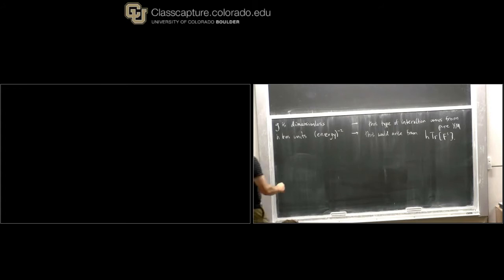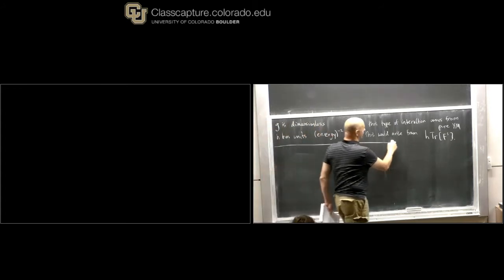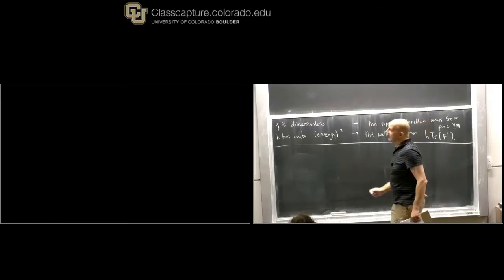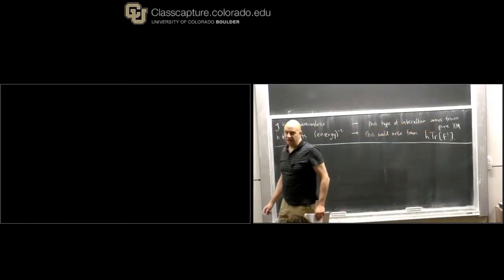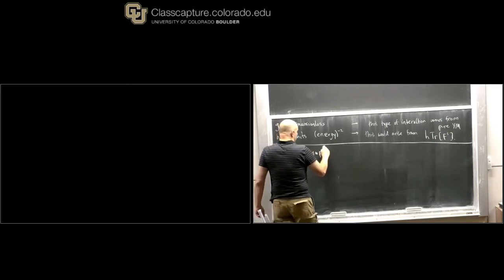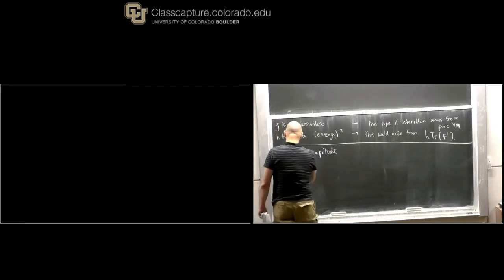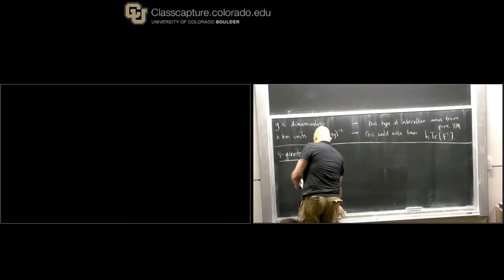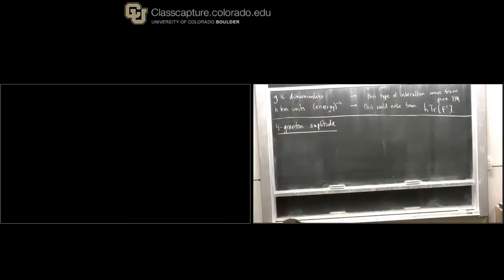Now I want to do really quickly the analogous exercise of checking factorization for the 4-particle graviton amplitude. This is a fun exercise, and it's even easier than the case I did last time. Because we want to use factorization, let me first write down for you the 3-particle amplitudes.